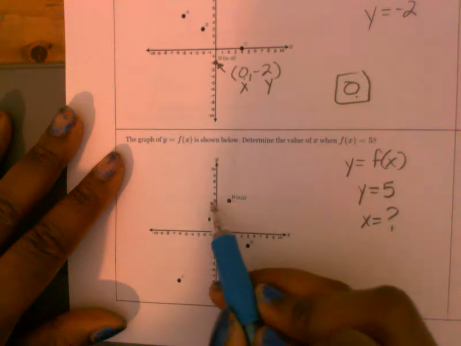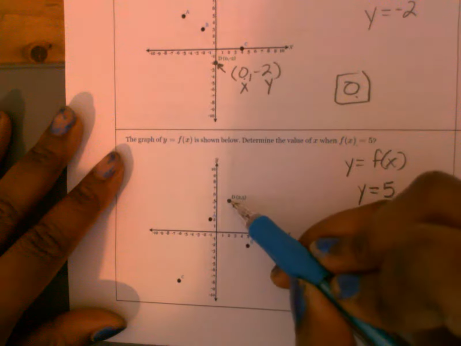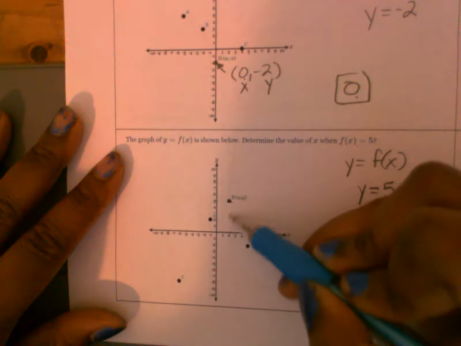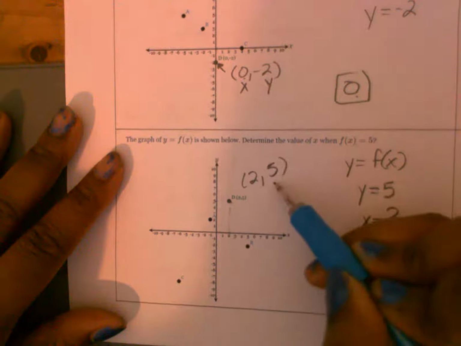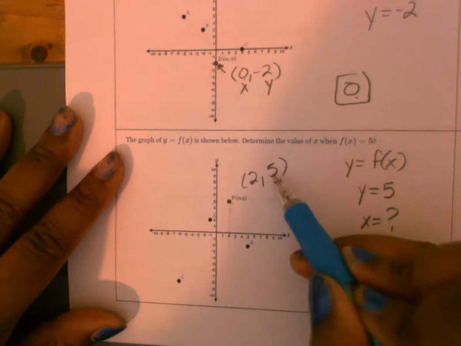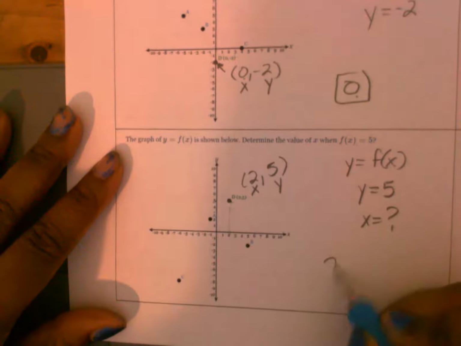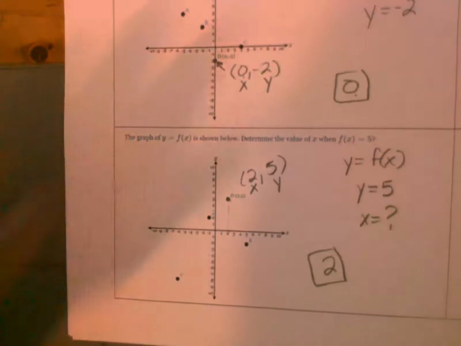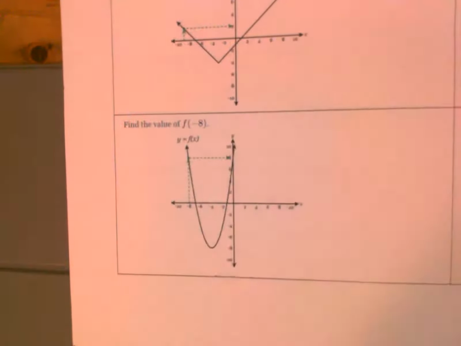The point that has a y value of 5 is this point right here. When you read the ordered pair, it is 2, comma 5. So when the y value is 5, the x value is 2. So what they're looking for you to type in is 2. Okay? Those are not hard at all.